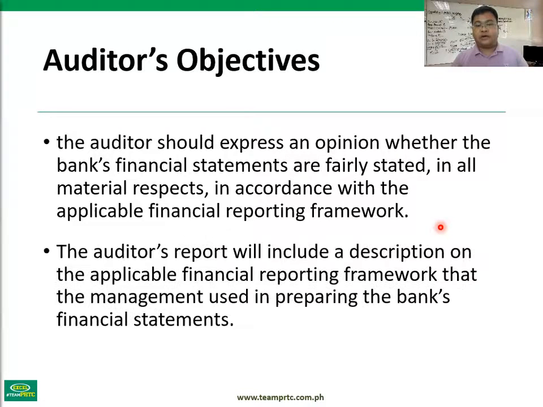In the context of an audit of banks, the auditor should express an opinion whether the bank's financial statements are fairly stated in all material respects in accordance with the applicable financial reporting framework of the bank. The auditor should also include a description of the applicable financial reporting framework that the management of the bank used in preparing the financial statements.